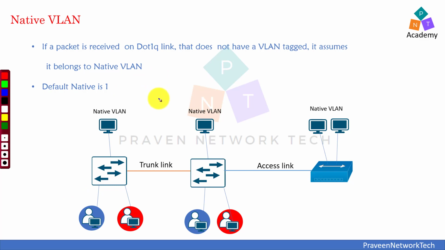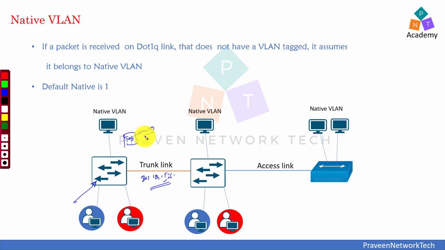In general, on your trunk links we are going to run something called 802.1Q or ISL encapsulation. Whenever a user sends a packet and it is received on the switch, the switch is going to add the tag, which is nothing but VLAN information.